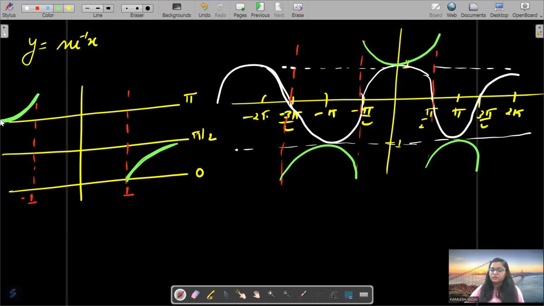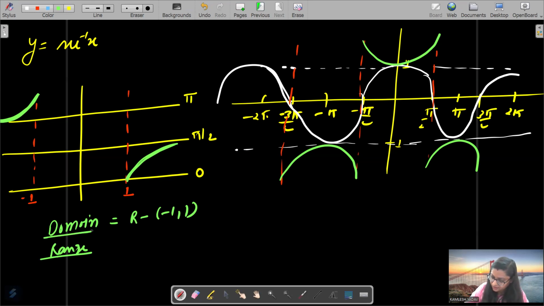According to this graph, what is the domain? Where our curve lies, it lies in R minus the open interval -1 to 1. Then what about the range? The range y belongs to 0 to pi in closed interval, minus pi by 2.